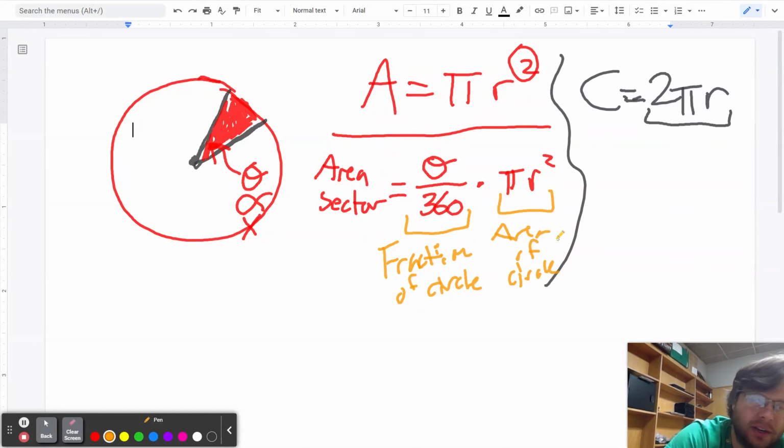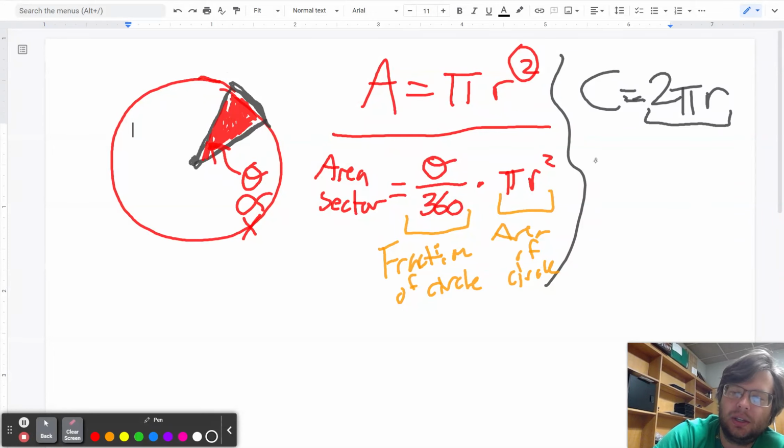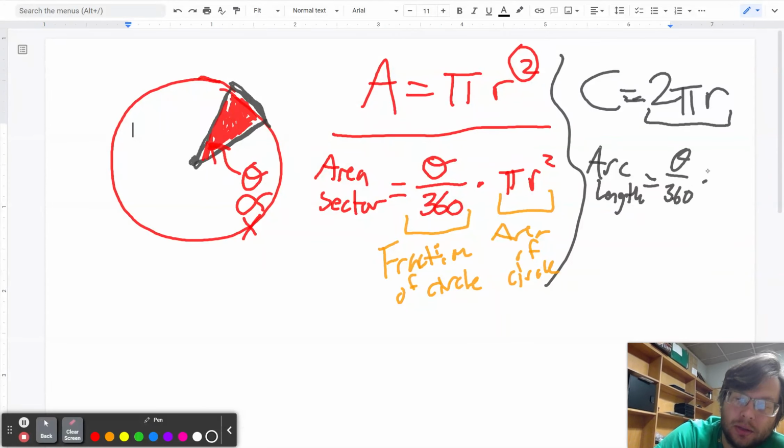It gives you the sector area. This should feel very familiar because we recently talked about arc length. It has basically the same idea: theta divided by 360 multiplied by 2 pi r.